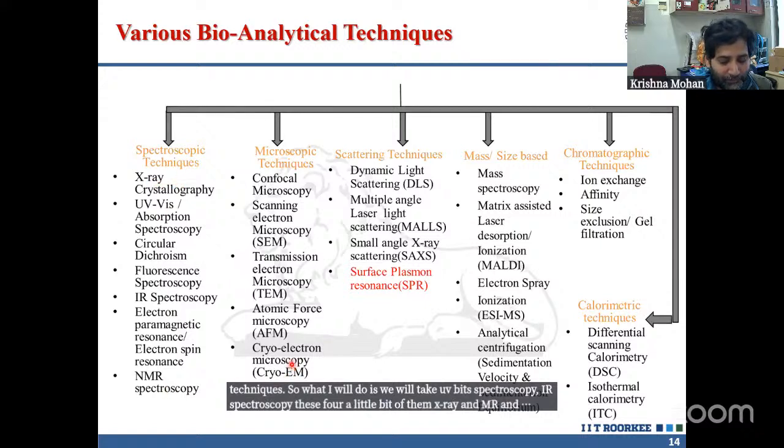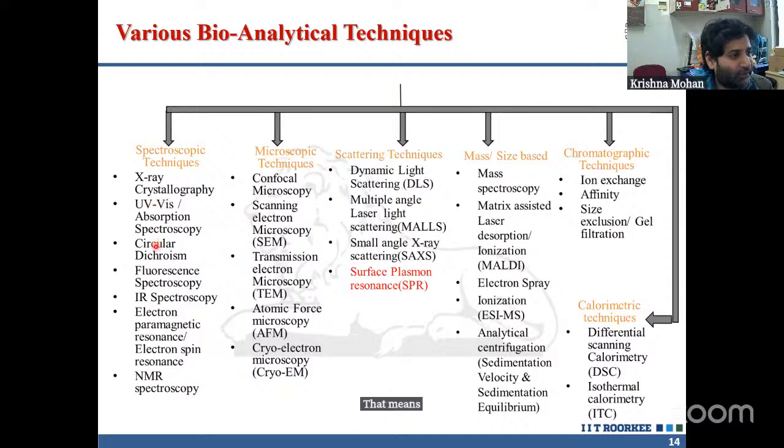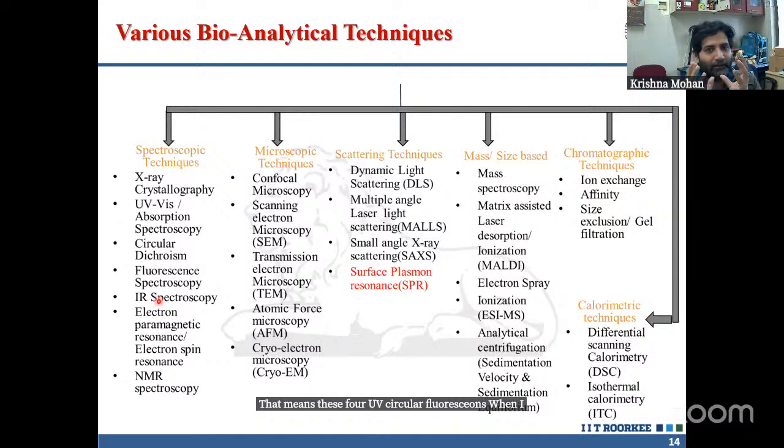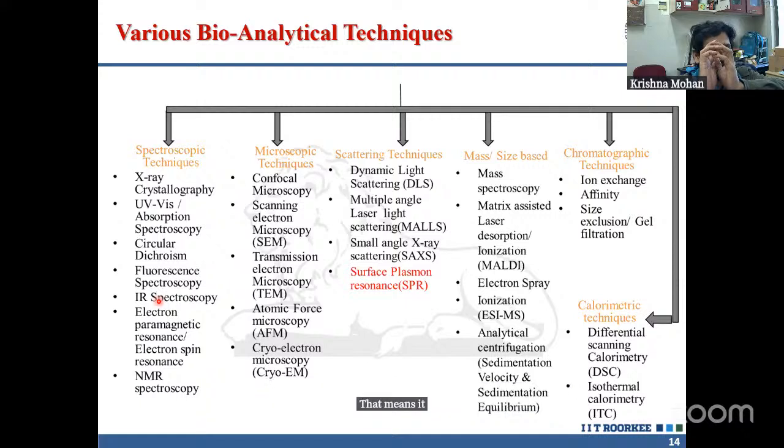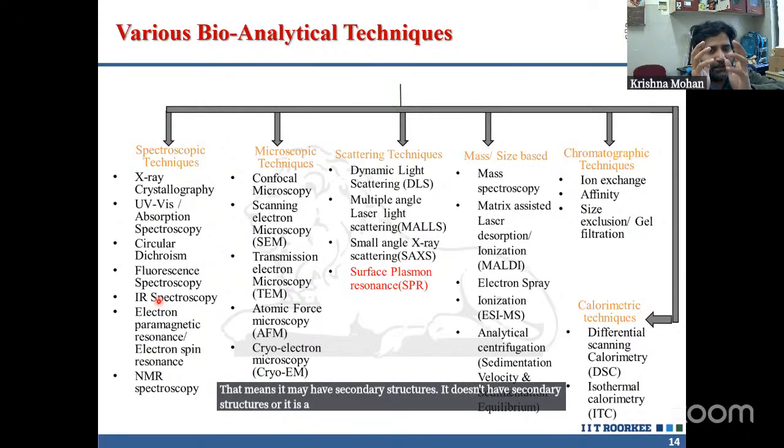That means with these 4, UV, circular dichroism, fluorescence, when I have a protein or a DNA, you can have a globular molecule. What happens to this protein? It may or may not have secondary structures, or it is single-stranded or double-stranded DNA.